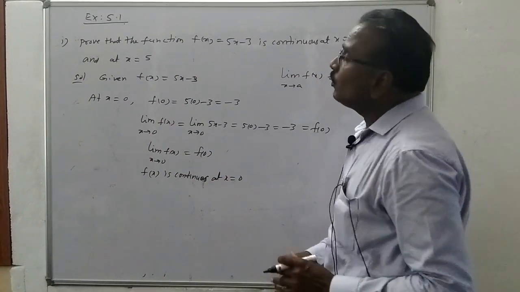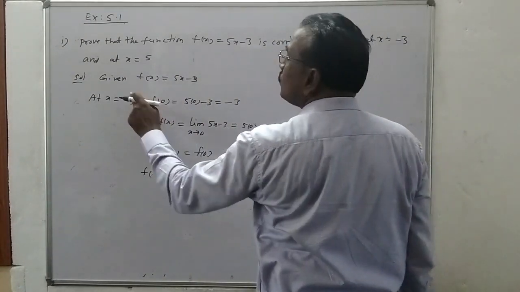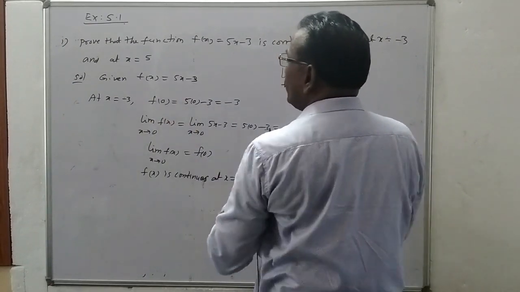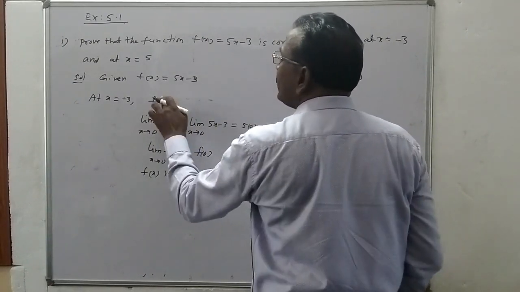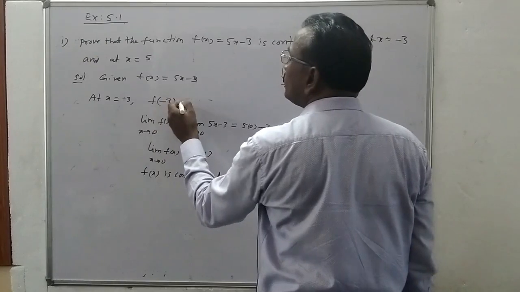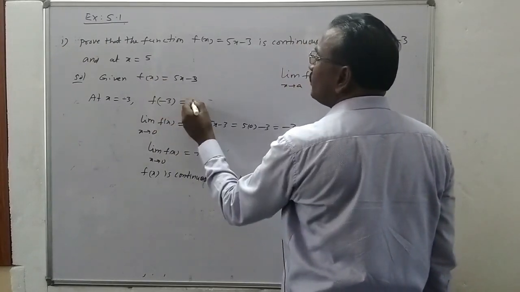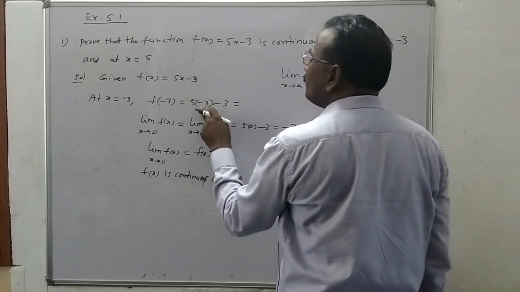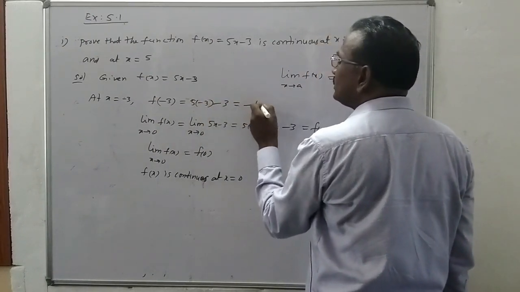Similarly at x is equal to minus 3, find the value of f of minus 3. Put x is equal to minus 3, so 5 into minus 3 minus 3: 5 into minus 3 is minus 15, and minus 15 minus 3 is minus 18.